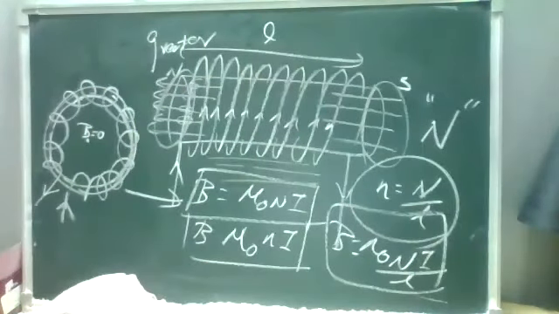Small n is the number of turns per unit length, capital N is the number of turns.